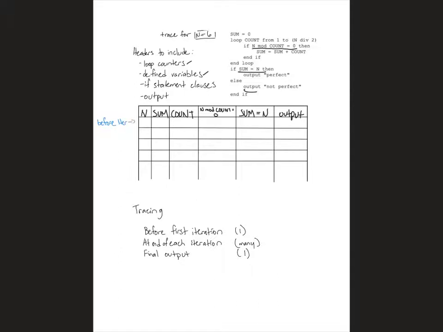This line is sort of the setup. N equals 6, sum equals 0, count is in the loop, so we're not going to do anything. So all we're doing here is before the iteration, and there's no output before the iteration, and there's no if statements before the iteration, and we're good. So we finished this part.